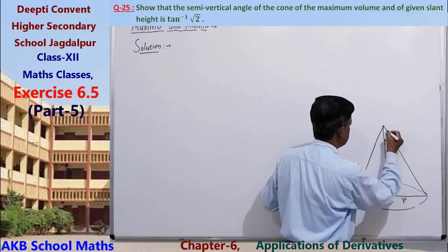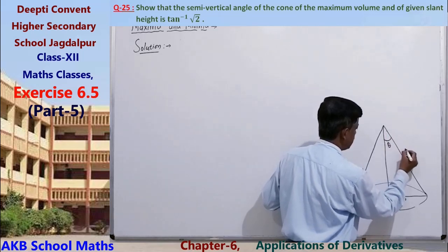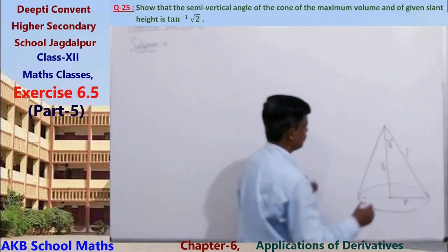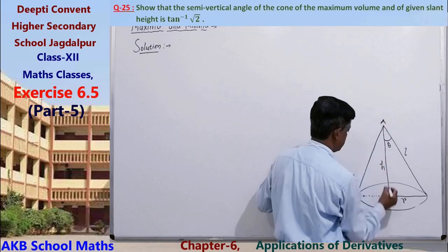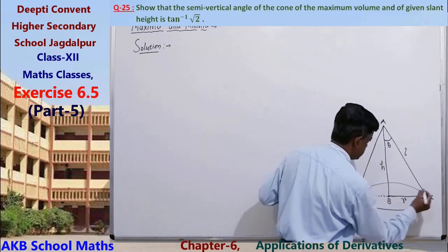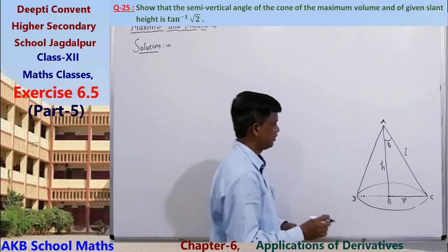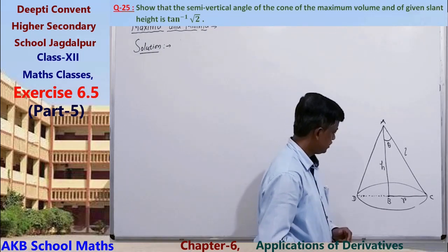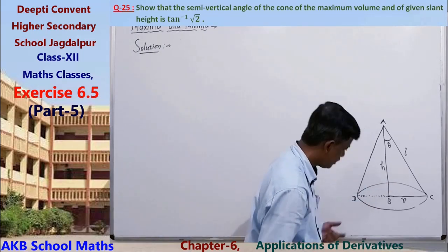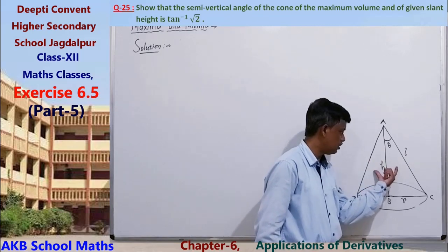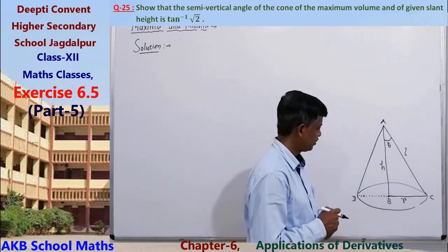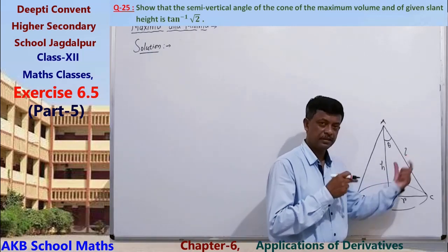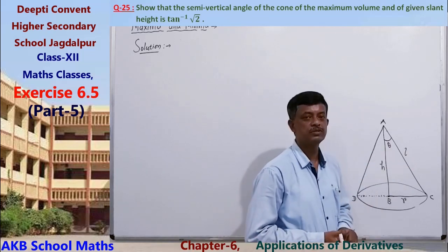This is the semi-vertical angle theta. This is the slant height. This is the height of the cone. Okay, A, B, C, D. Clear? So we have to prove that if the volume of this cone is maximum and the slant height is given, that will be constant in the question, then theta equals tan inverse root 2.